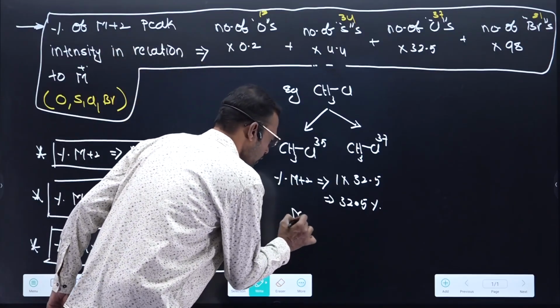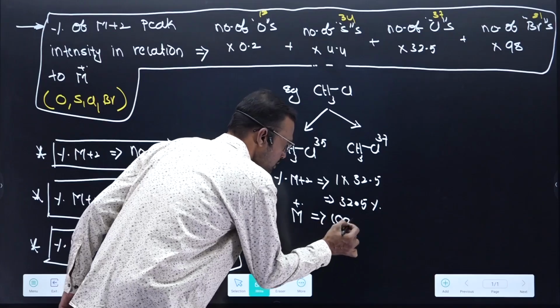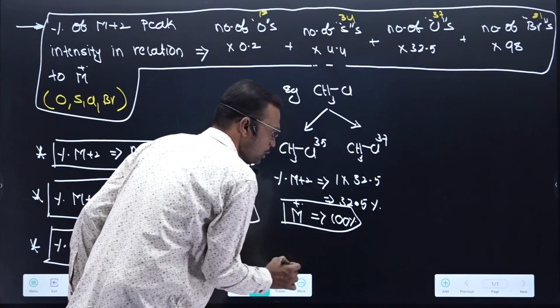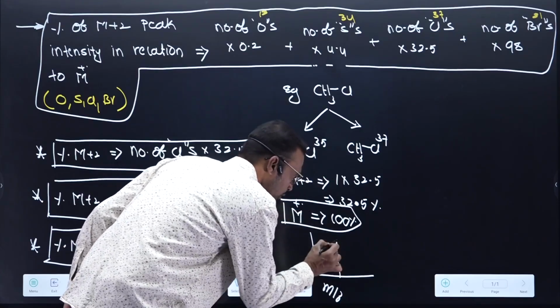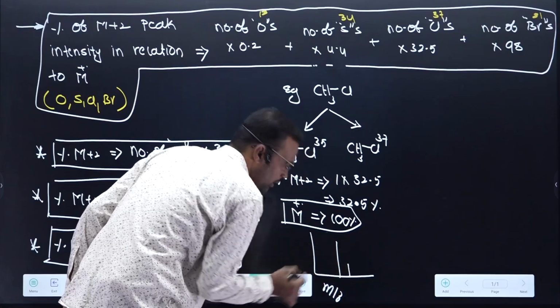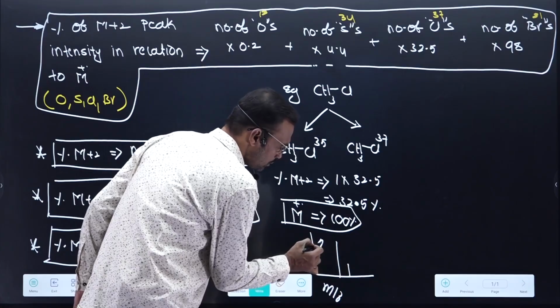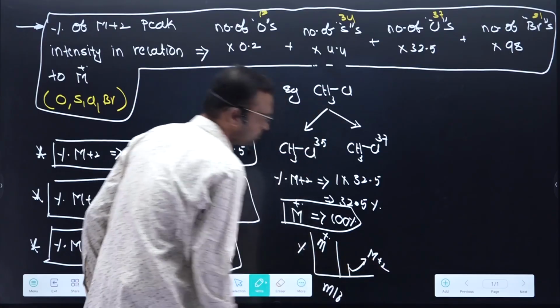Molecular ion percentage is always taken as 100%. So with respect to the molecular ion, its contribution is 32.5. Suppose this is the m/z value, this is the molecular ion at 100% and this is only 32.5%. This peak is the molecular ion peak and this peak is the M plus 2 peak for chlorine.